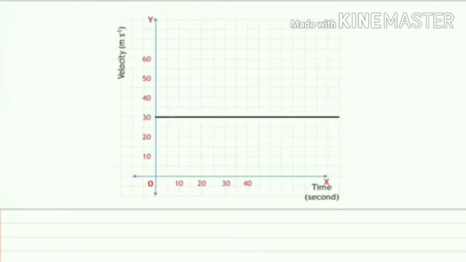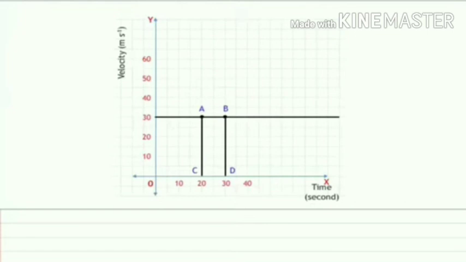Time interval is 10, 20, 30, 40 seconds, and velocity is also 10 meter per second, 20, 30 meter per second. In the given graph, at points A and B velocity is 30 meter per second, but the time shown is 20 second and 30 second at points C and D respectively.